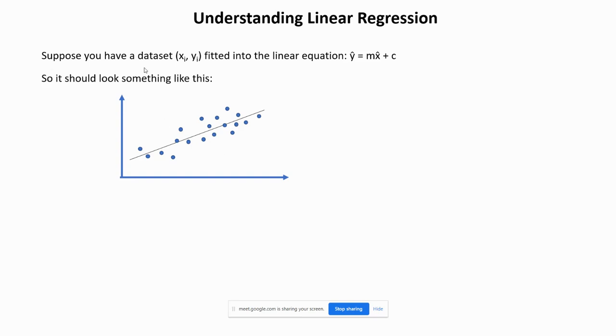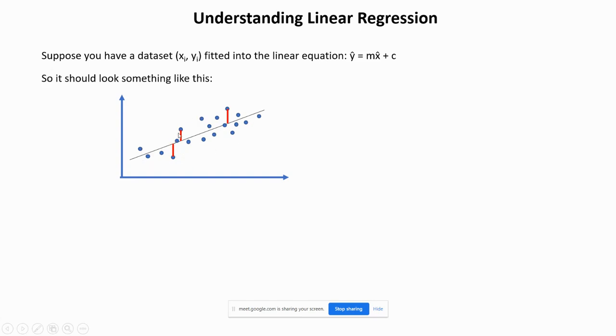Exactly. So what he means, I will just elaborate. This line stands for that particular line wherein the distance from the corresponding points, if you add it all up, is going to be the minimum.